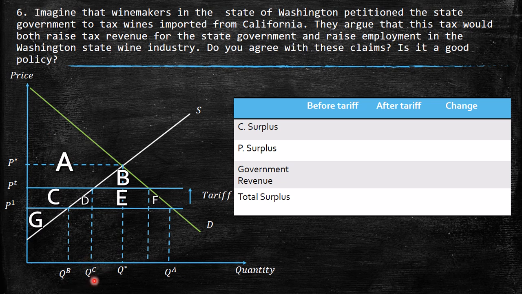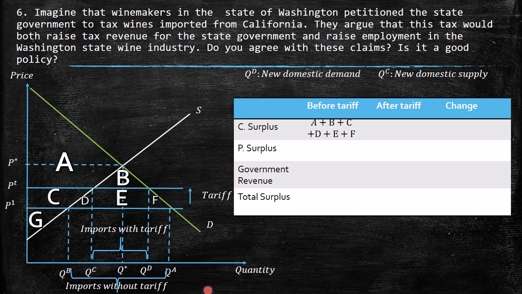It's going to be fulfilled because QC is higher than QB, so naturally we need more people to work and produce QC. Here the imports with the tariff are the difference between QC and QD, and the other is the imports without the tariff.